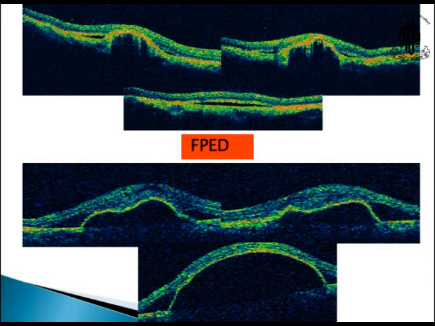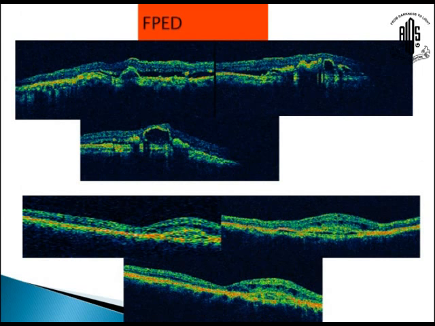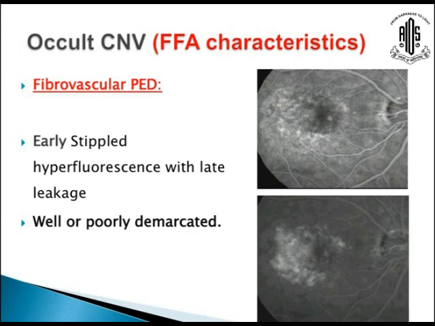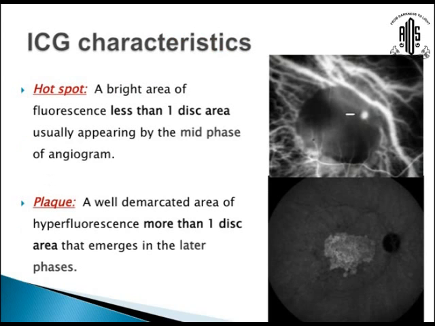Here the clue is a notched, irregular PED, and sometimes under the pigment epithelium you see dot echoes on the OCT, and discontinuity of the Bruch's membrane layer, which is also suggestive of fibrovascular PED or sometimes polyps. So occult CNV has a different type of leakage. It's a stippled hyperfluorescence with late non-specific leak suggestive of occult CNVM.